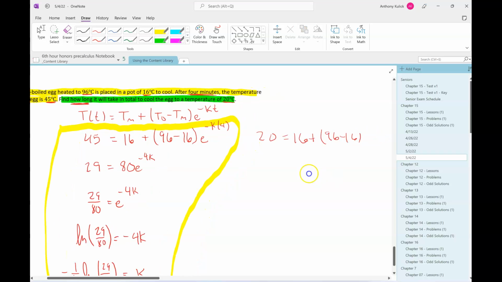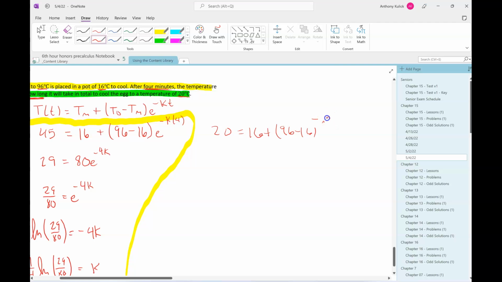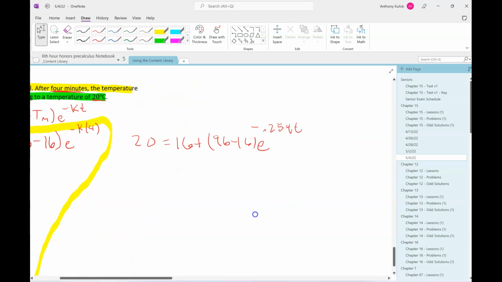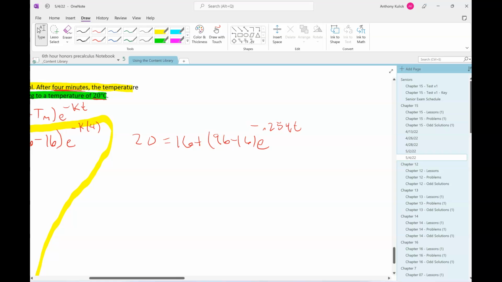The only thing that has changed is now we know the K is about 0.254. Oops. Forgot to write my E. And now it's kind of the same problem that we did last time, right? First step would be subtract that 16.